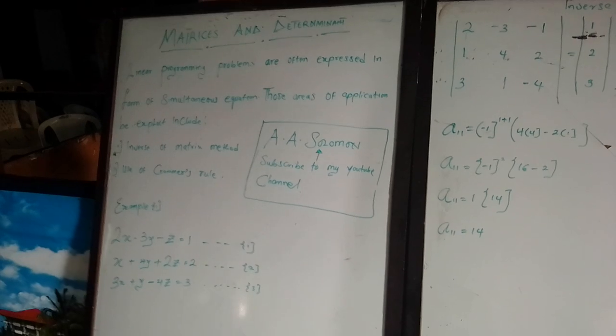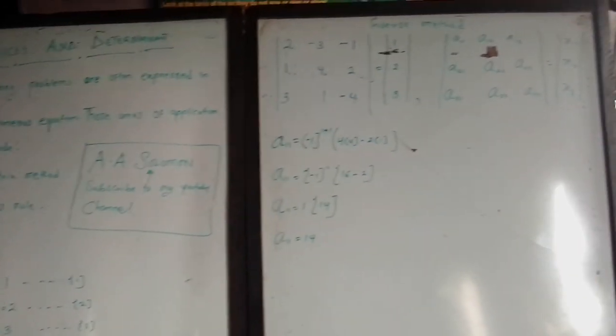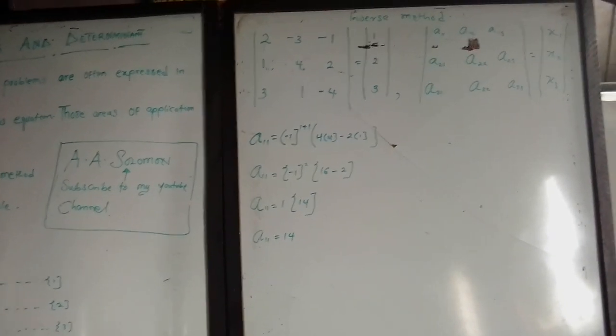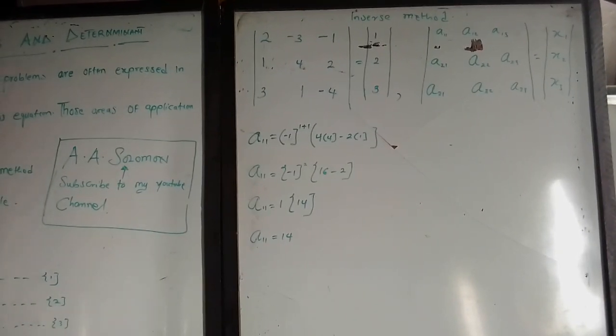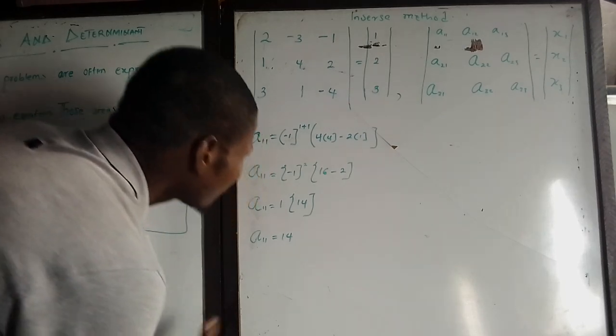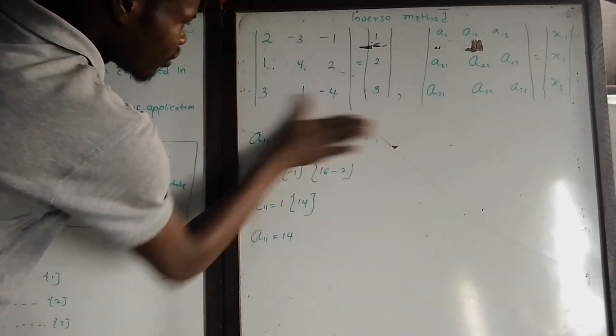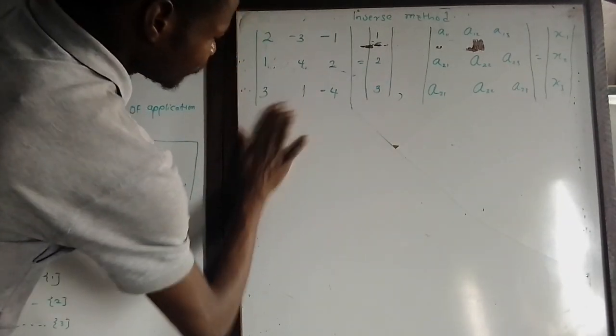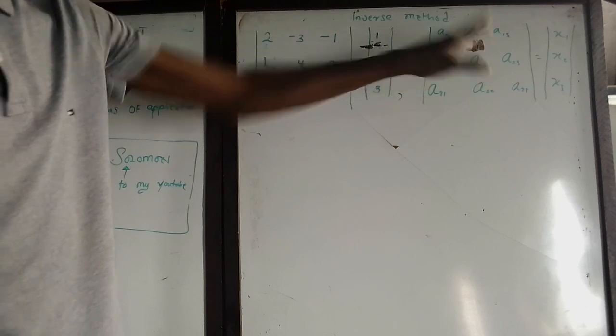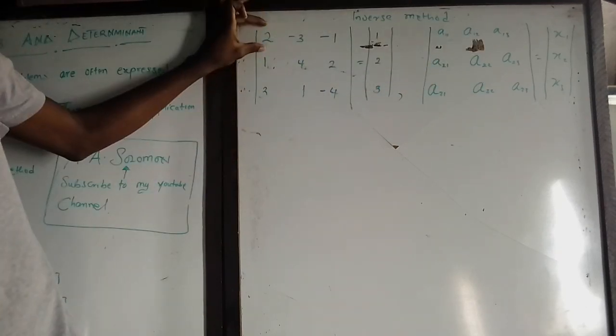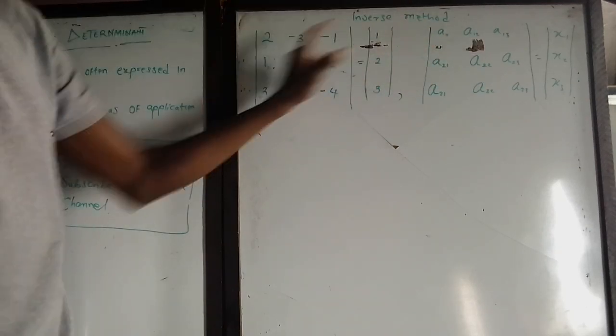So let's continue. Let me start from the beginning so that you can understand much better. Okay, you want to solve for A11. Your A11 is this, represent it as 2.